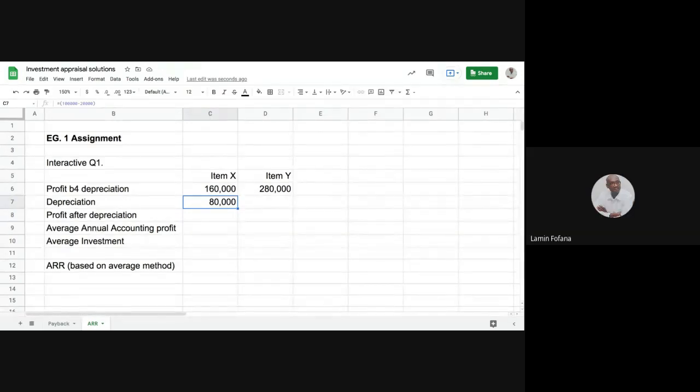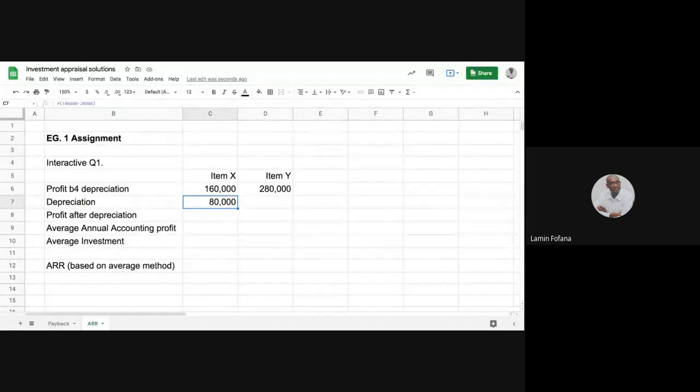Okay, and the logic is simple. If you buy equipment X for 100,000, at the end of the 5 years, you can only get 20,000 as cash back. That's the scrap value. Then that means the total depreciation is the difference. In an asset, there are 2 things: the depreciated amount and the scrap value.